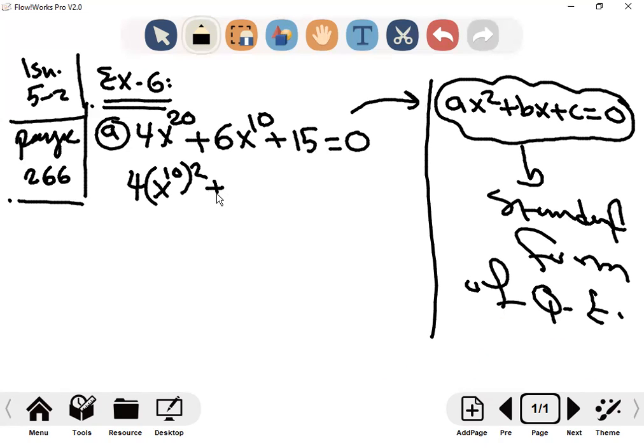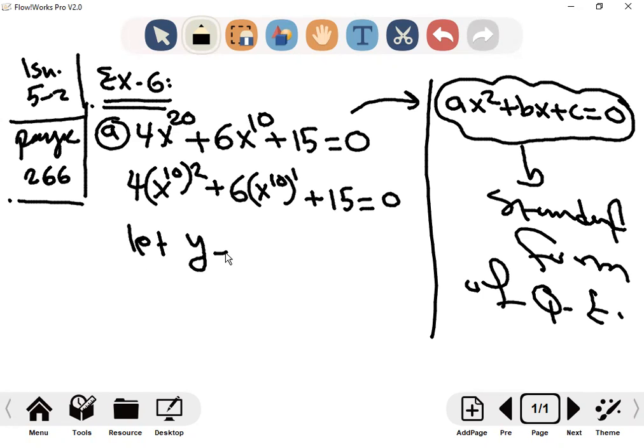Now here 6x power 10, keep it 6x power 10, which is power 1 itself, right? Plus 15 equal 0. Do you understand? Now let y be x to the power 10.